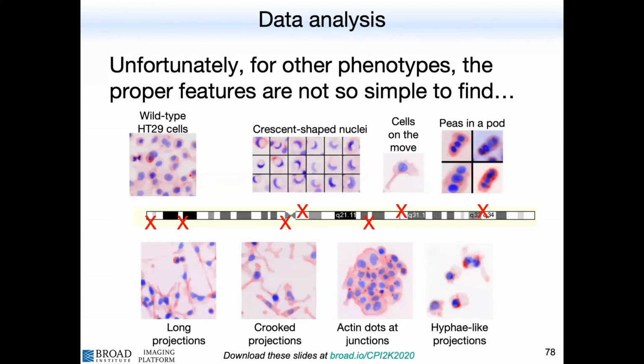But there are a ton of biological phenotypes that you can't figure out from only one or two measurements. All of these are real phenotypes from real data. But for example, it's very hard to say which feature could distinguish these crooked projections from the ones that are longer or rounder and smoother.